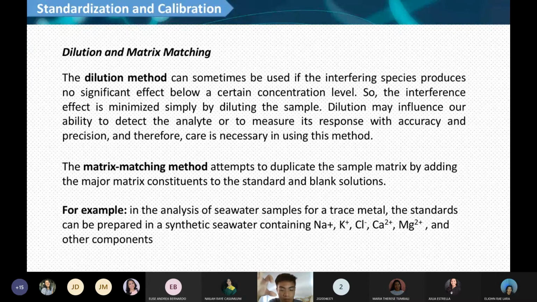Gusto mo maging undetectable yung interference mo, you add water lang. Matrix matching, kung ano yung concentration ng interference sa inyong sample, duplicate mo lang so that pwede mo sila i-subtract using calculate Excel. Pwede mo i-subtract yung mga reading, so you will just be left with your desired substance na. So ganun.